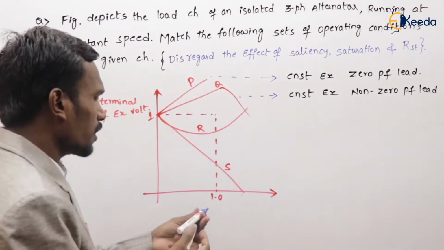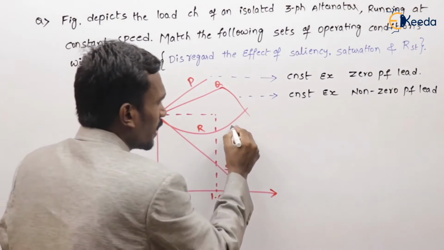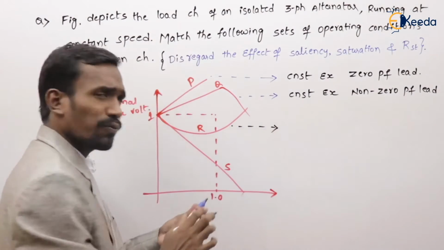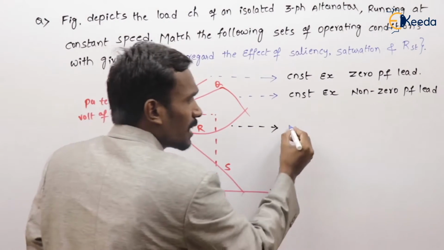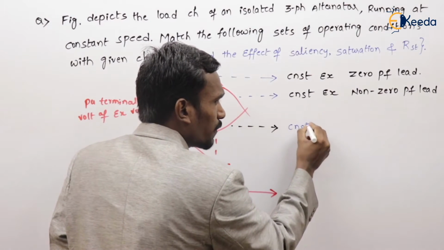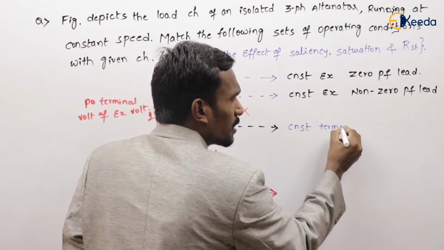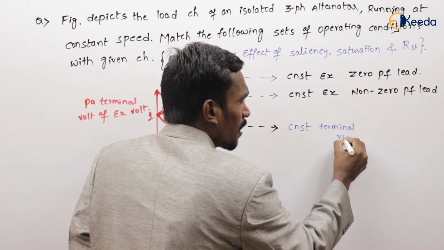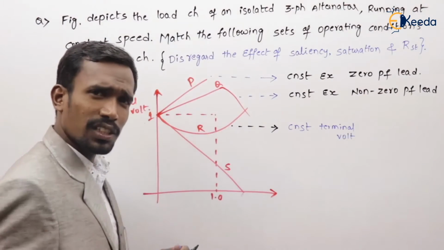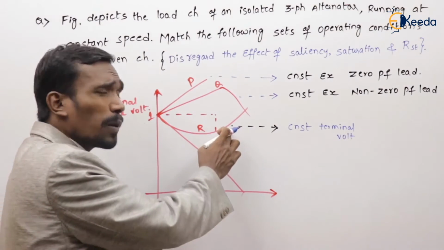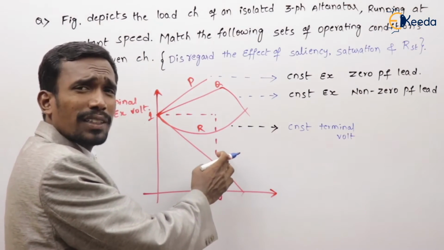What about these two? Let's see, this is for constant terminal voltage. Zero power factor leading or non-zero power factor leading.